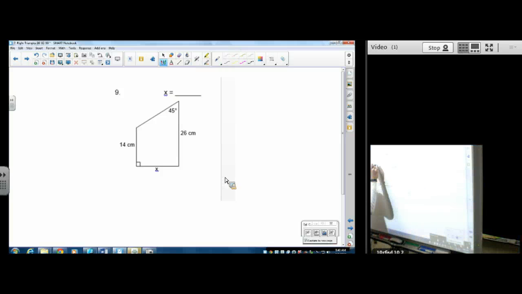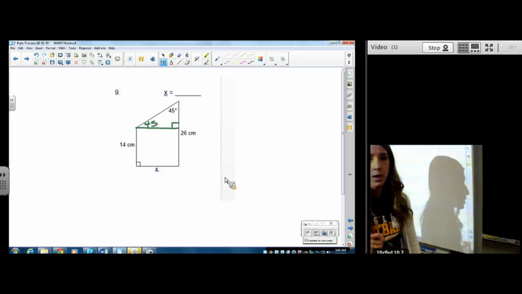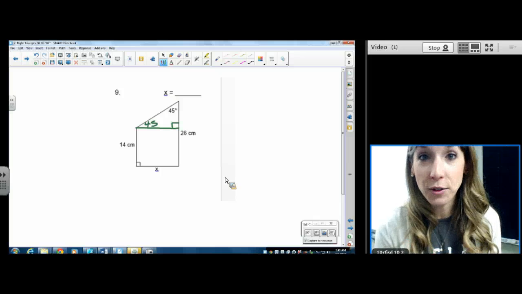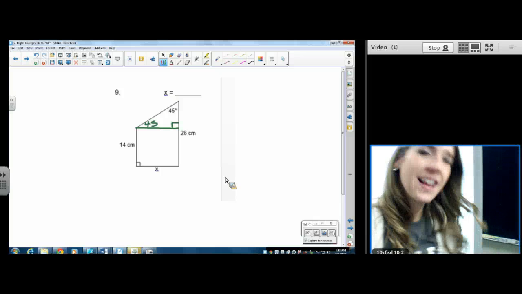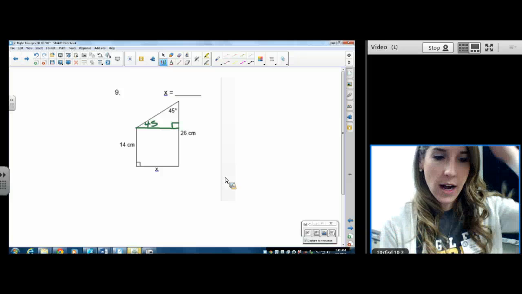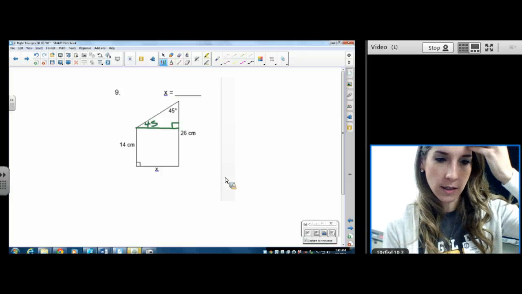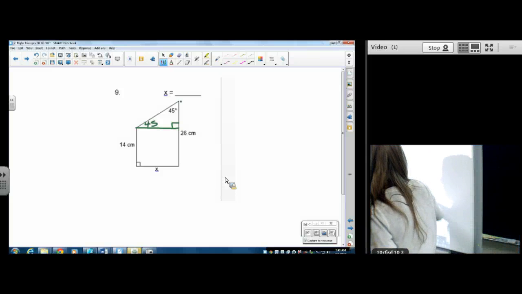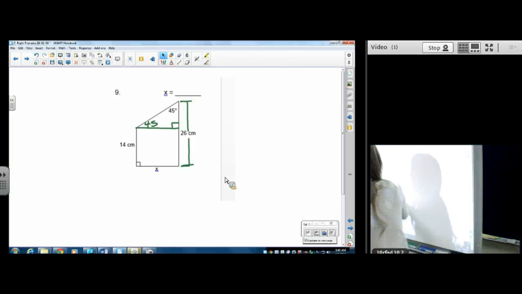We do need to create a right triangle, but that's not the right triangle we want to create. This is the right triangle we want to create. Are you all noting what segment I added to my picture? I drew an altitude. Turn your head sideways. I drew an altitude. And I created a 45, 45, 90 triangle, which was very important. All right. From here to here is 26. From here to here is 14.